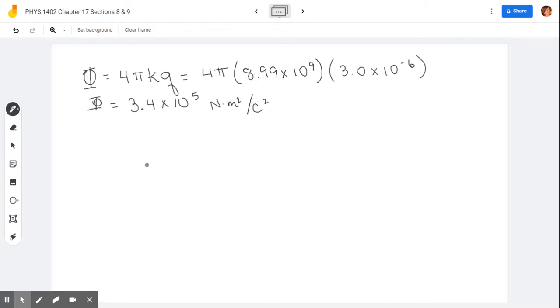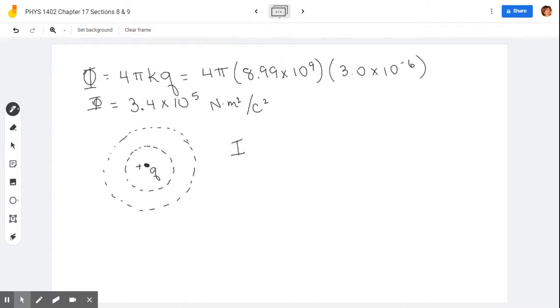And if you just think about it for a minute, here's the charge, Q. The flux that passes through this surface is the same amount of flux that passes through a larger surface. That flux actually stays constant.